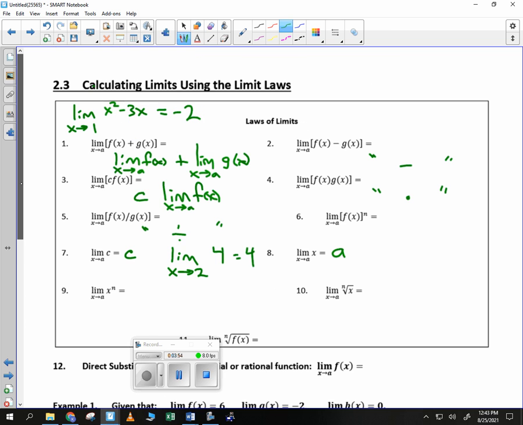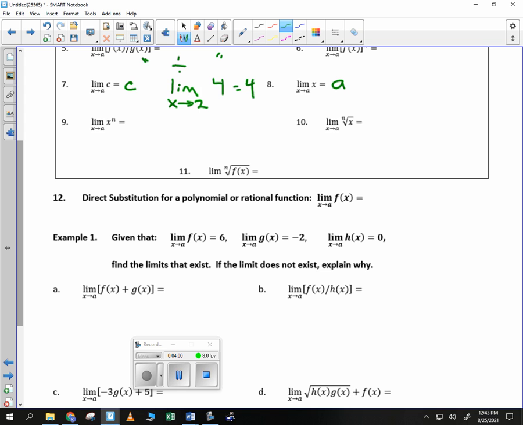As we looked at above, we saw that you just plugged in 1 to come up with negative 2, correct? So the limit as x approaches a of x to the nth will simply be a to the nth. Just simply plug that in. And if you have the nth root, this would be the nth root of a. So you could take the nth root, and it would also work out.